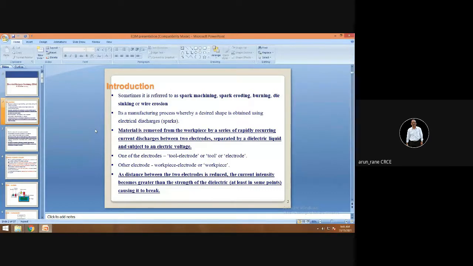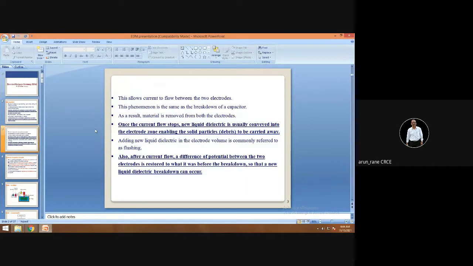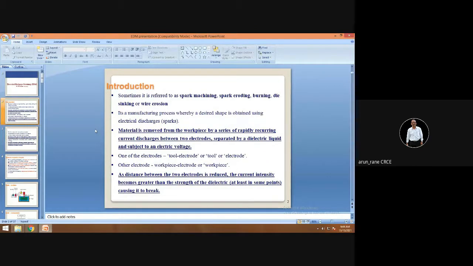So the workpiece is one electrode and the cutting tool is the other electrode. As the distance between the two electrodes is reduced, the current intensity becomes greater, and there is a dielectric, usually kerosene. Dielectric means it is an insulator, it doesn't allow electricity to flow.